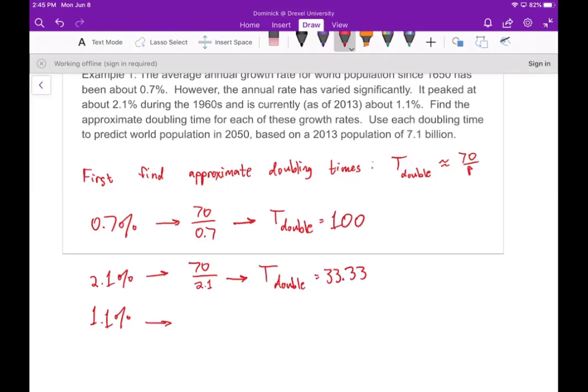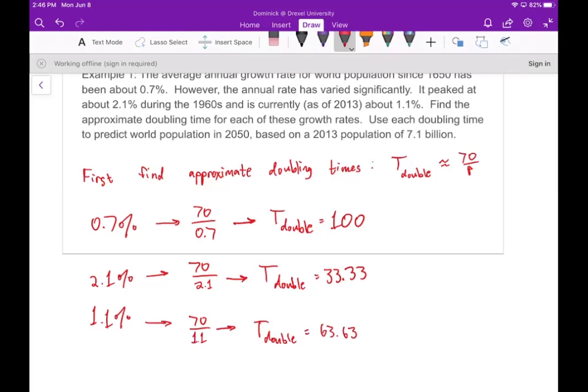And for 1.1%, we have 70 divided by 1.1, which would give us 63.63. So those are the approximate doubling times for each of these different percentages.